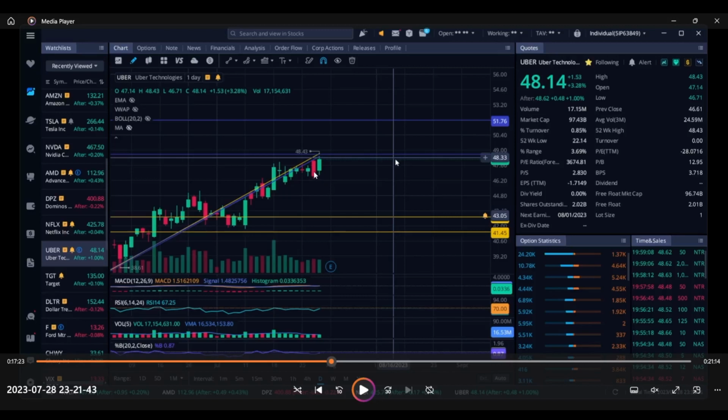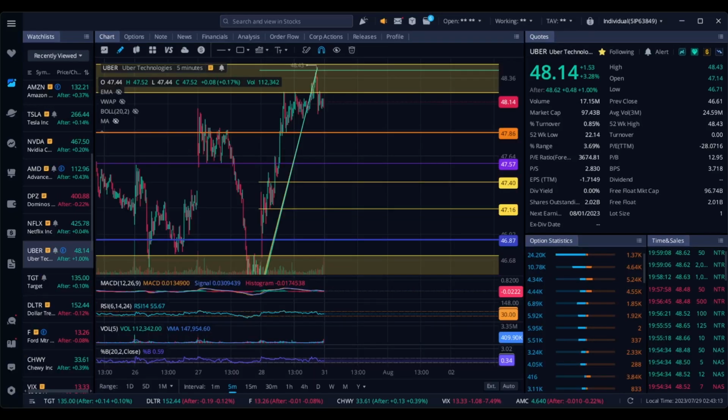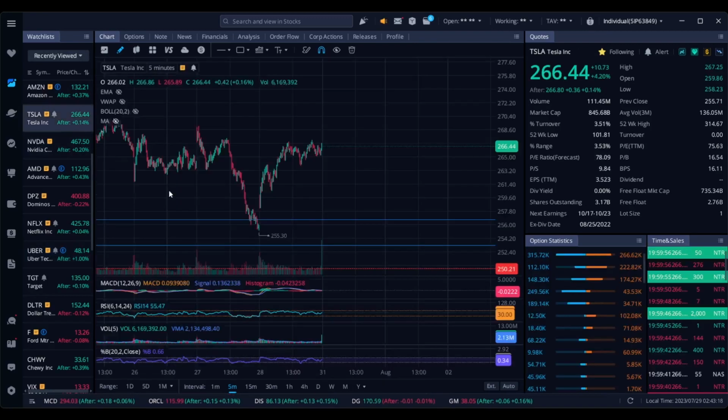For a green candlestick, this is where it opened and this is where it closed. For a red candlestick, open is at the top, because it went down. So it opened up here and closed down here. Hold on, I just want to show y'all a candlestick.